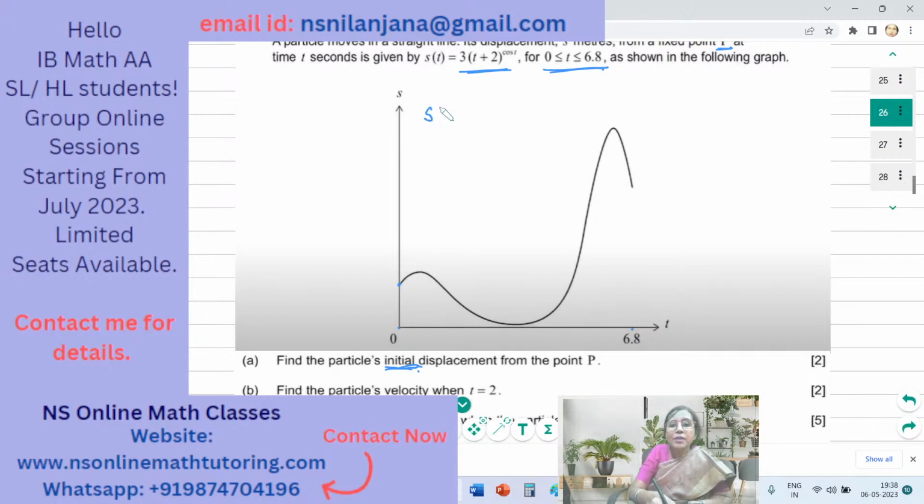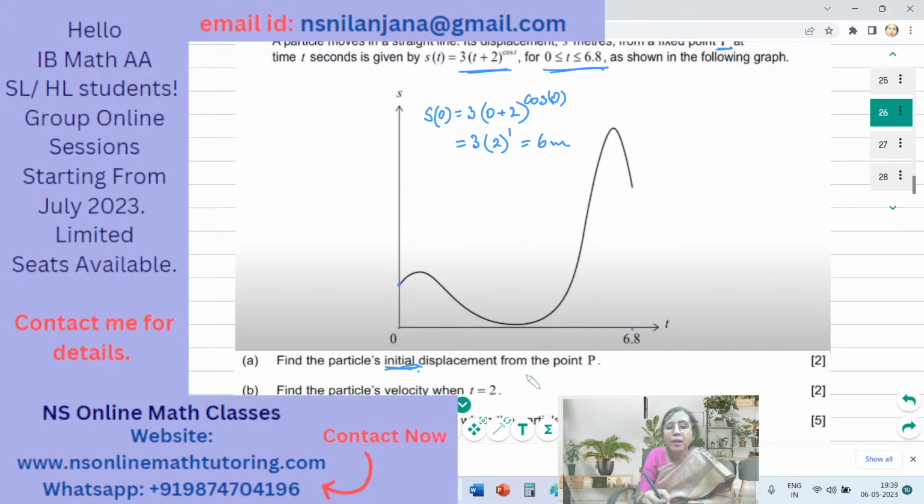Let us find s of 0, 3 times (0 plus 2) raised to the power of cos 0. And cos 0 is 1. So it is 3 times (0 plus 2) is 2 raised to the power of 1, which is 3 times 2, that is 6. 6 meters. Okay. From this expression, you can get the 6-meter answer.